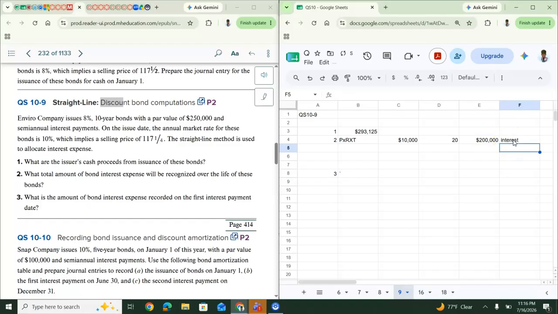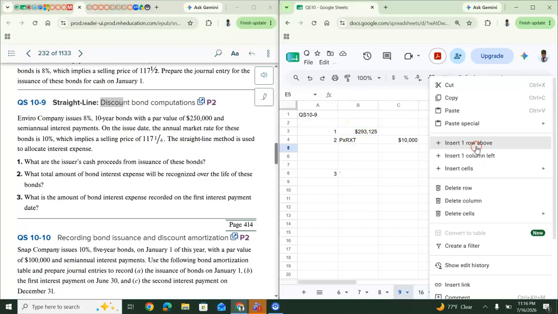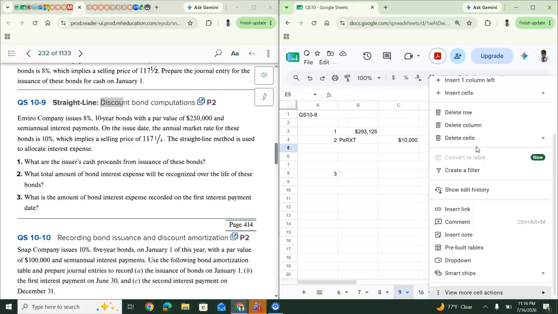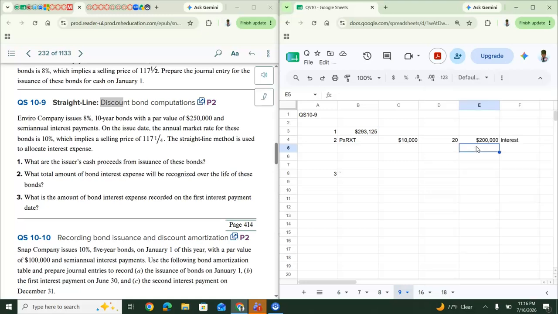interest, and then because they get a premium of 117.14. Let's see, 117.4. So that 293 number. Make sure I got it right. Yeah. And I'm going to go ahead and put in there the difference.